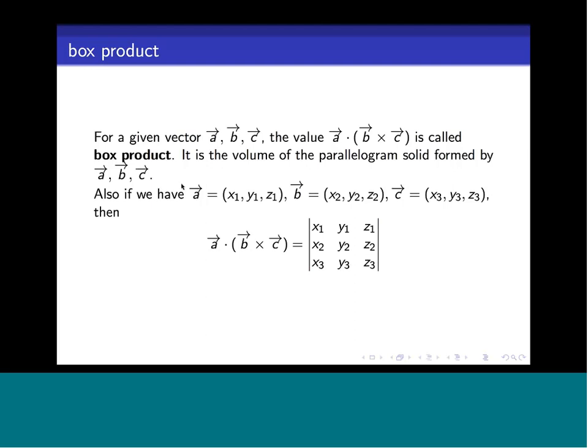Then B cross C, you know what B cross C is? The first component is y2 z3 minus z2 y3. Remember? So this is like saying x1 times that thing. It's very easy.